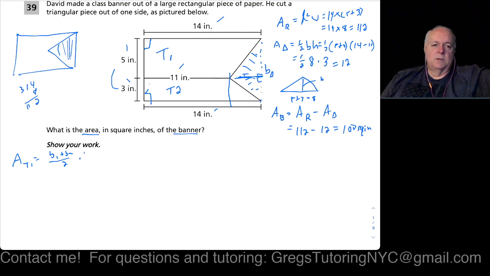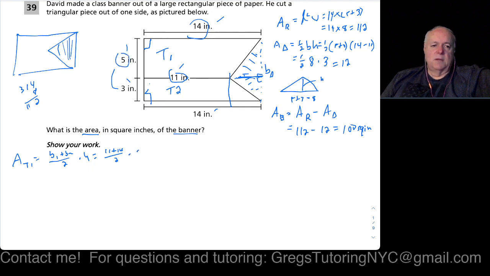Okay, so in the case of T1, this 14 and this 11 are the bases. So we have 11 plus 14 over 2 times the height. In this case of T1, the height is 5.